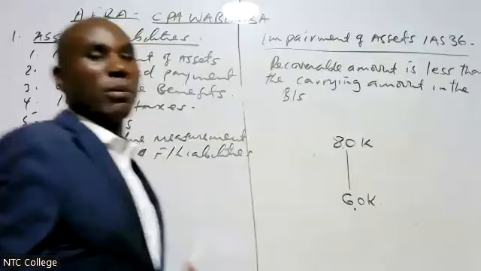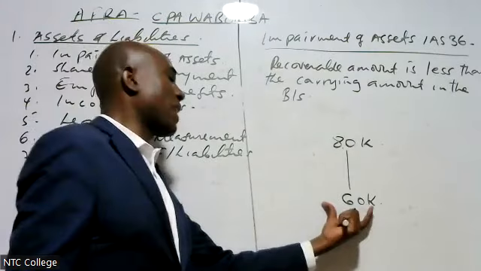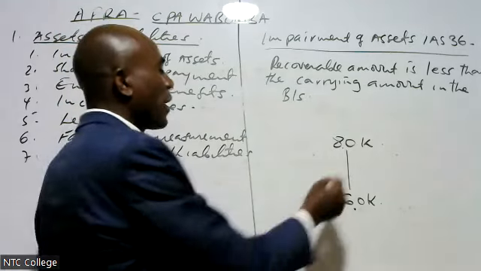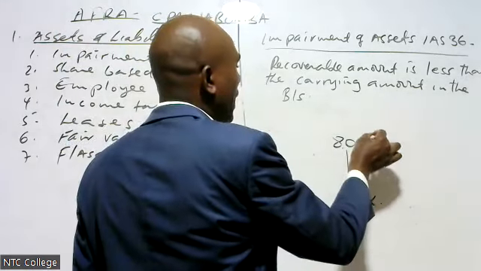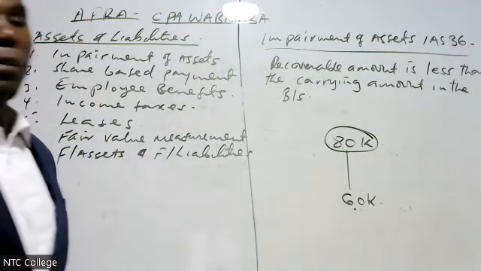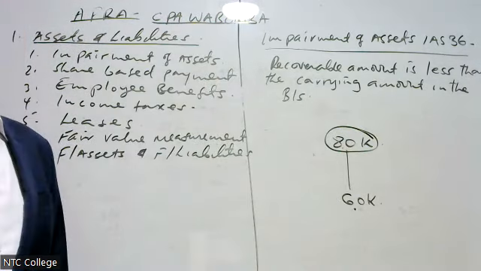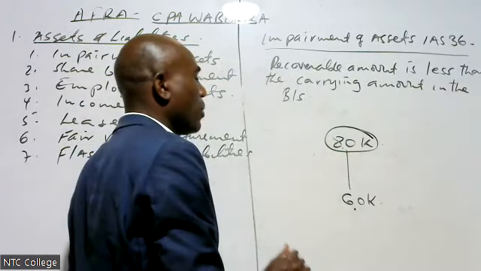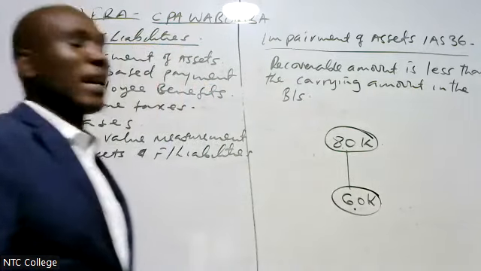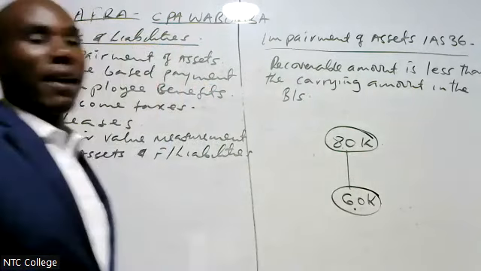In fact, you will sell it below 60 because the market price is 60, and you have to remember it's already purchased. Therefore, it has already lost some value there. Here, when I say the carrying amount, I mean what I have in the balance sheet, the amount I'm reporting in the balance sheet of 80K. Then the recoverable amount is what I can recover on sale of that phone.